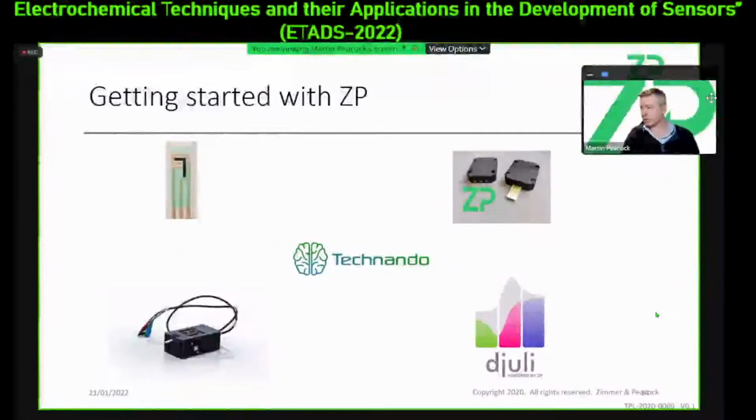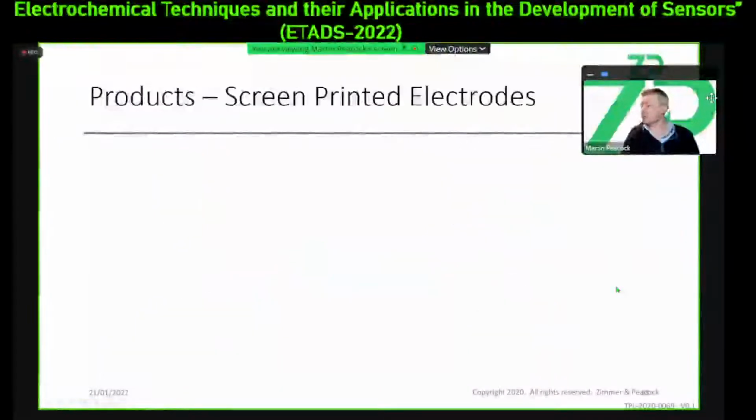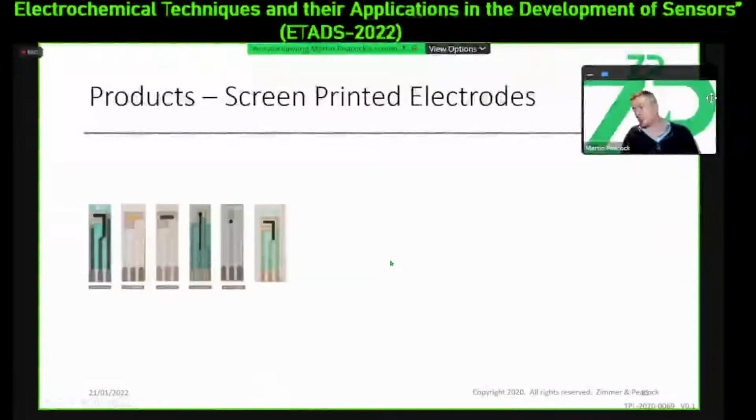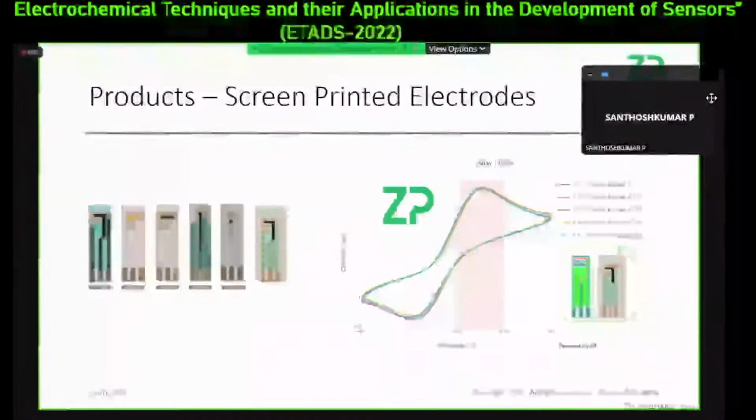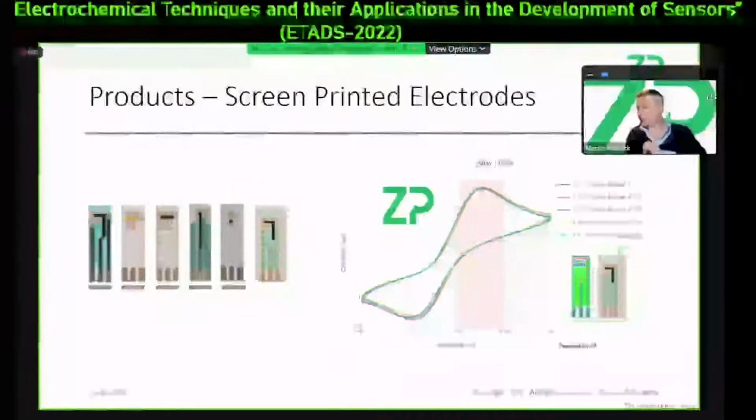So I will now transition quickly. At ZP, the materials we commonly have are gold, platinum, carbon, and graphene. This was some data that came through yesterday: the cyclic voltammetry captured on some of what we call our hyper-value carbon electrodes.